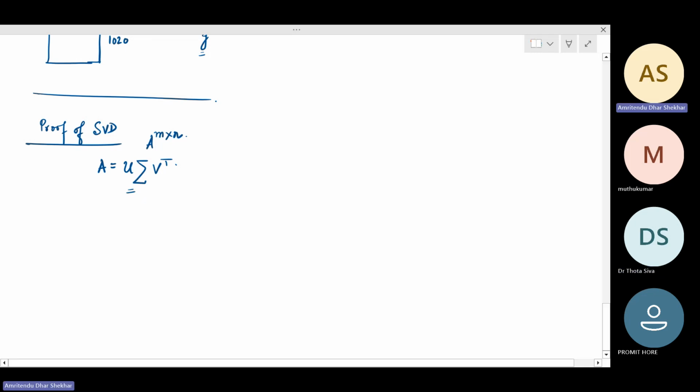The proof of this is as follows. Consider the linear map A transpose times A. Now A transpose times A is a symmetric matrix, and one other thing is that the rank of A transpose A is equal to the rank of A. Why?